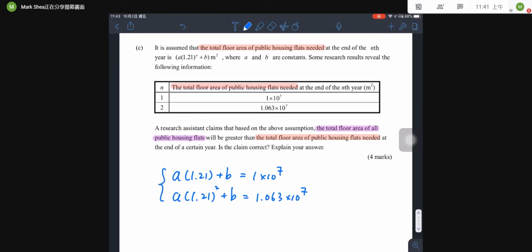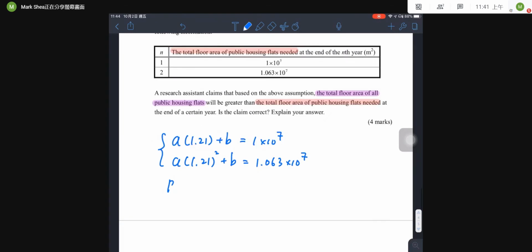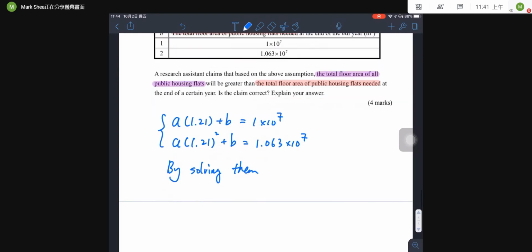So we have two equations like this. Next, how can we solve for A and B? We can just use the calculator.